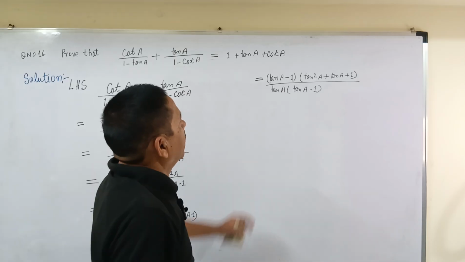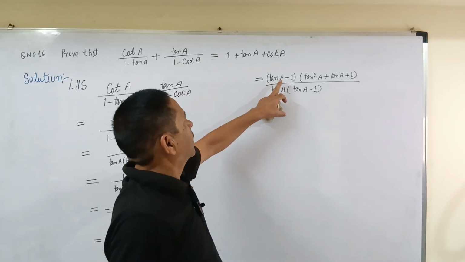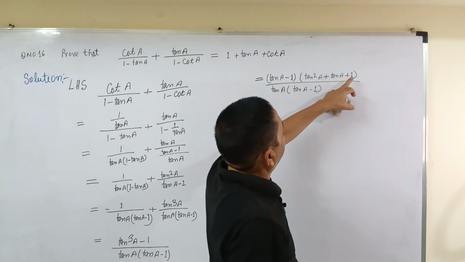So now tan cube A minus 1 becomes tan A minus 1 into tan square A plus tan A plus 1.